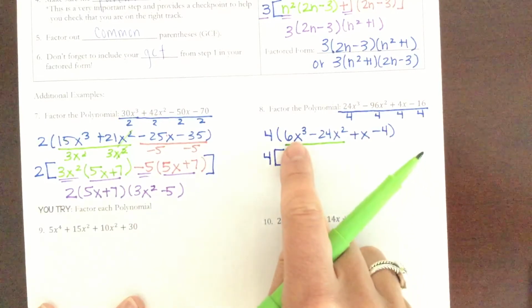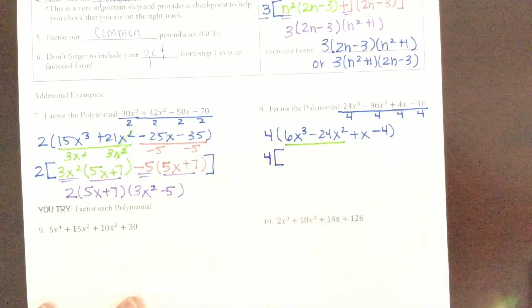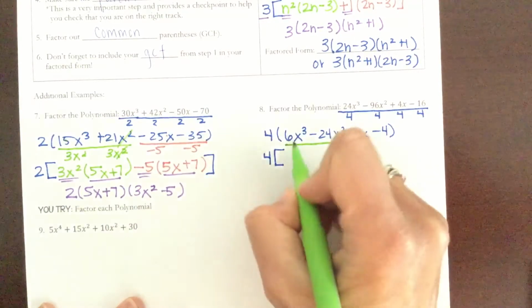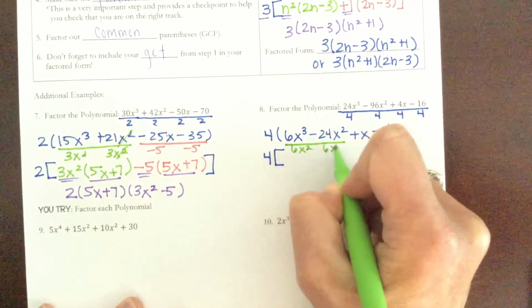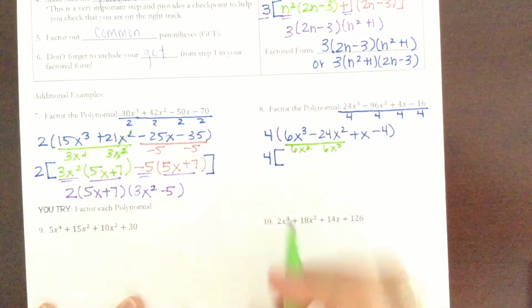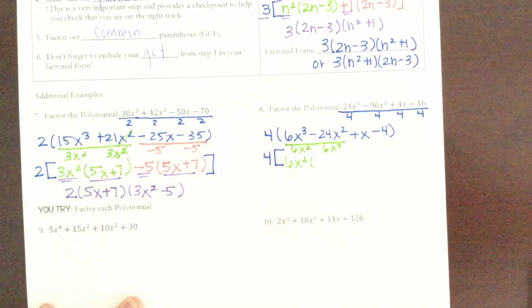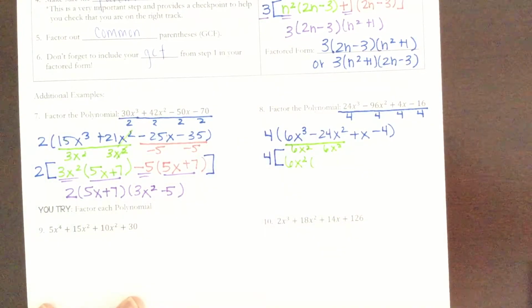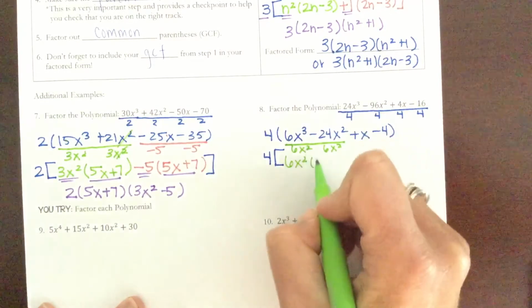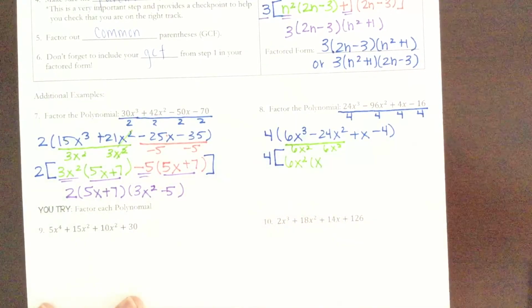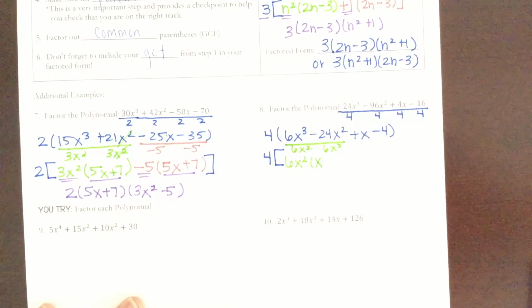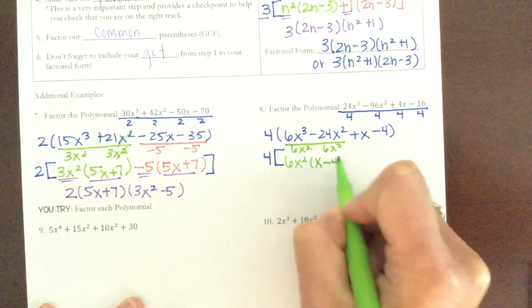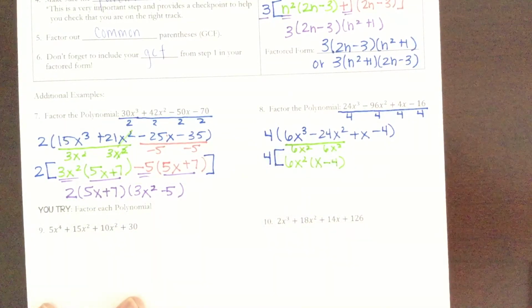And the greatest common factor between 6x cubed and negative 24x squared is 6x squared. So writing that down, 6x cubed divided by 6x squared leaves me with just x, and negative 24x squared divided by 6x squared leaves us with negative 4.